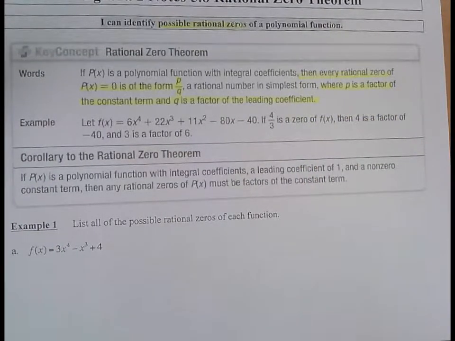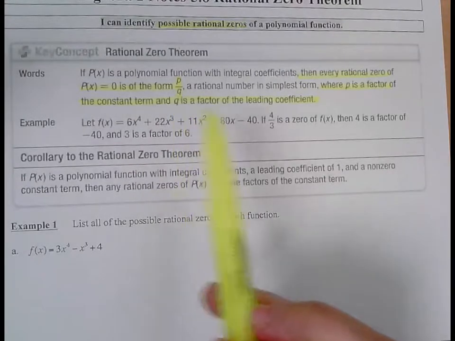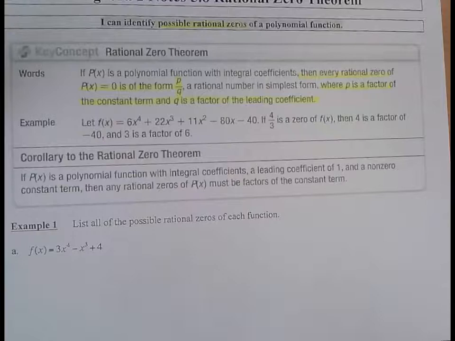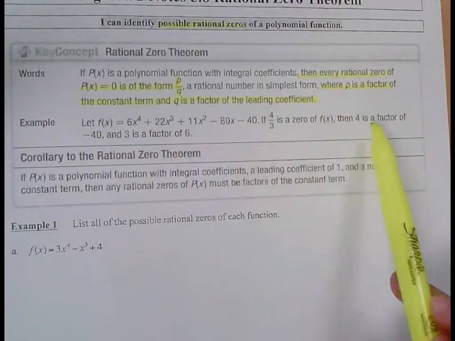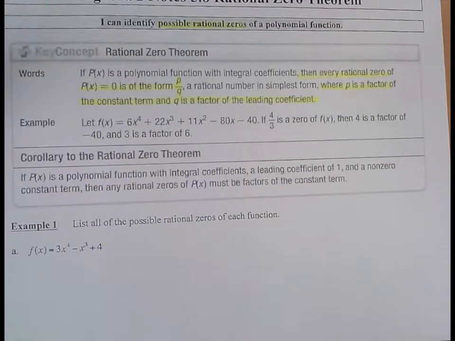So the numerator of the fraction is a factor of the constant term in the polynomial function. Q is a factor of the leading coefficient. That would be the denominator. It does give a specific example there in the box, and we're going to go through examples as well.